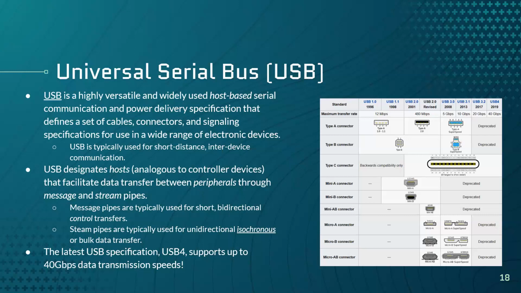So a big part of the protocol is designating which is a host and which is a receiver, and actually classifying those devices. So, are you a computer? Are you an embedded system? It actually has different classes of devices that you can then use to categorize the communication system.